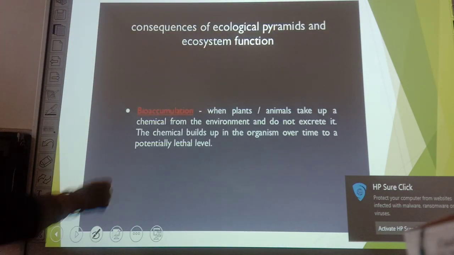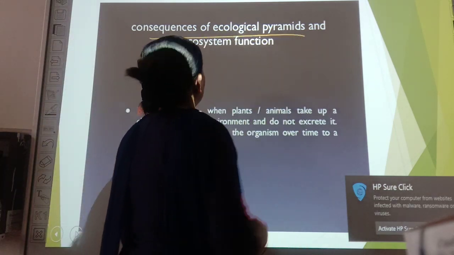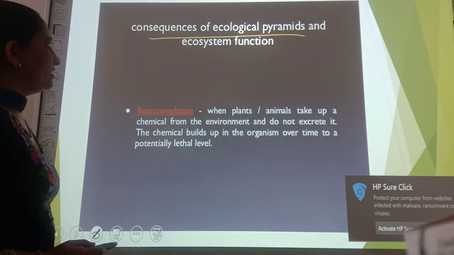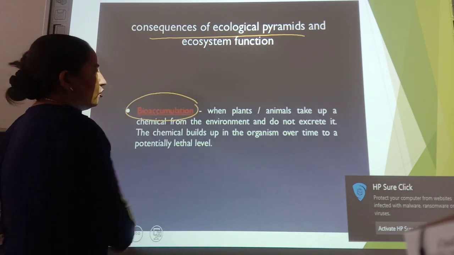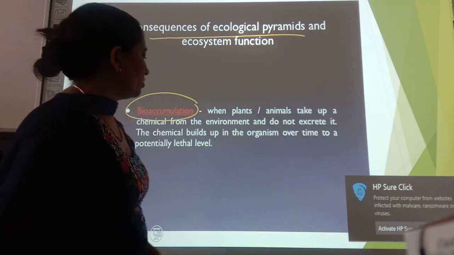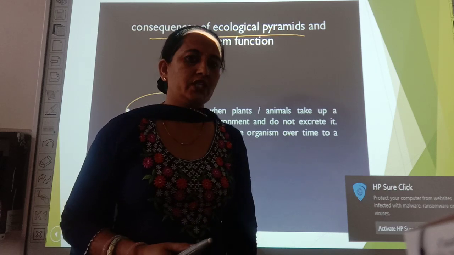So there are many consequences of ecological pyramids. Here bioaccumulation of chemicals also takes place in a food chain.